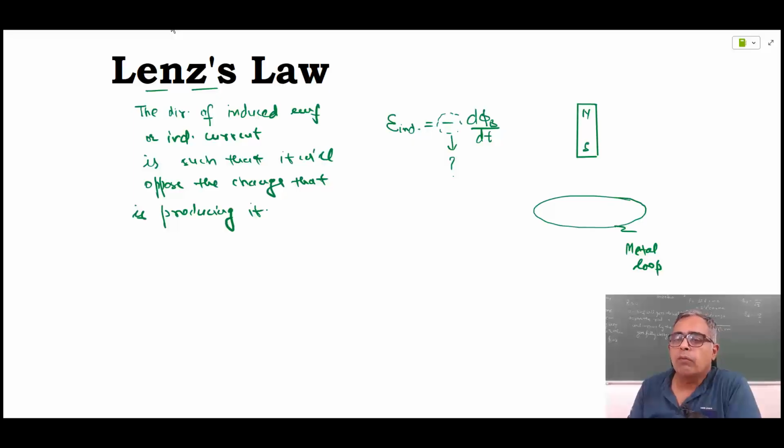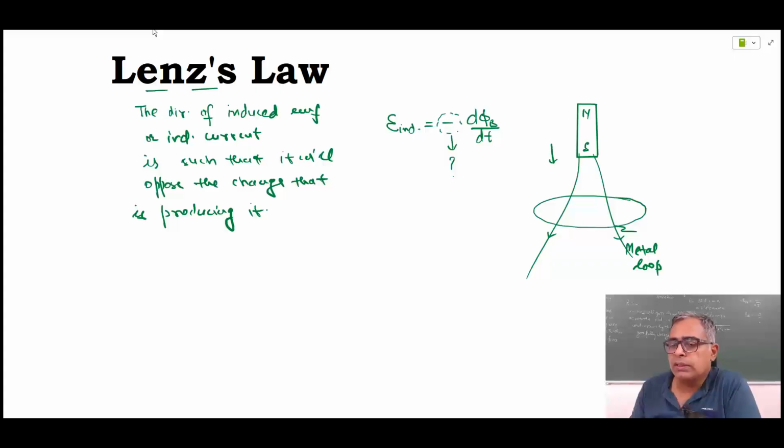When you try to move this magnet towards the coil, the flux associated with the coil will increase, because as the magnet approaches the coil, the flux will naturally increase. This means there is a change in flux. Now when there is a change in flux, there will be an induced current.